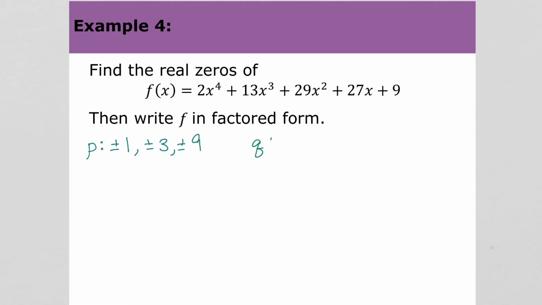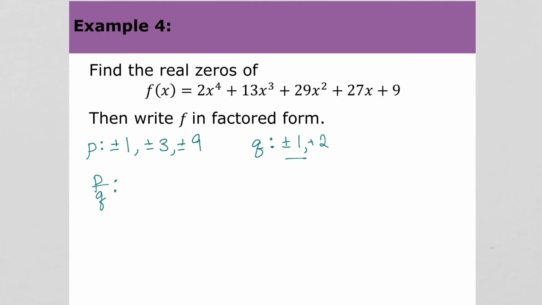And then q, which is 2, the factors of 2, plus or minus 1, plus or minus 2. So p over q are our potential real zeros, and we do every combination there.